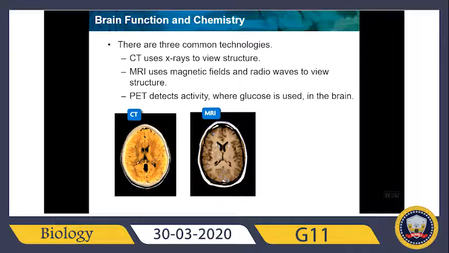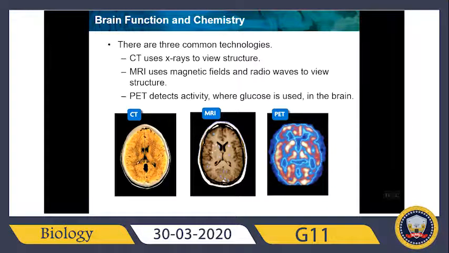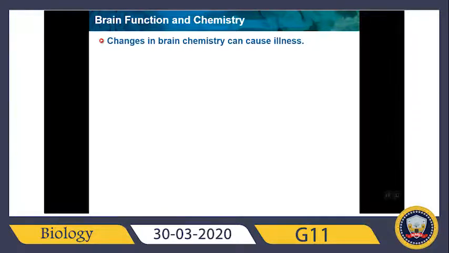Or we have PET, positron emission tomography, which detects activity where glucose is used in the brain. So it detects the activity of the brain. So we have CT, MRI, PET. These are three new common technologies used to study the chemistry of the brain. Any changes in brain chemistry can cause illness.